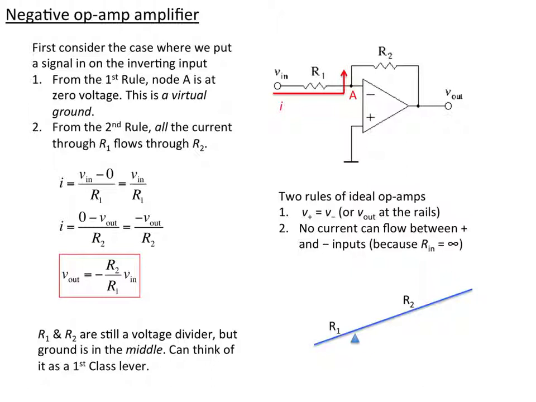You can think of this like a first-class lever where you put the fulcrum at the middle. That's our ground node. It fixes that point. If we push down here, we push up there. That's the negative sign here. If R2 is bigger than R1, then we get a big increase. A little push down makes a big push up. So that's the negative op-amp amplifier circuit.